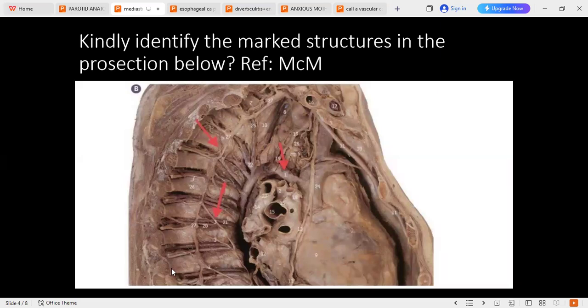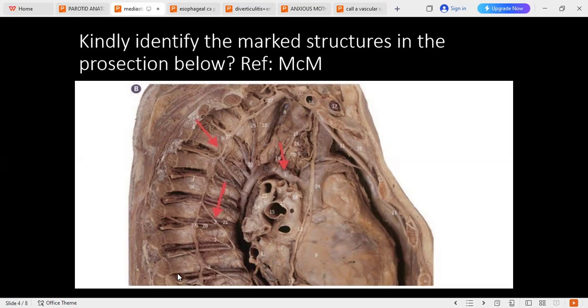Anteriorly it has the pericardium, posteriorly the T5 to T12 vertebrae, and laterally the bilateral pleura. Inferiorly there is the diaphragm. What are the contents of the posterior mediastinum?